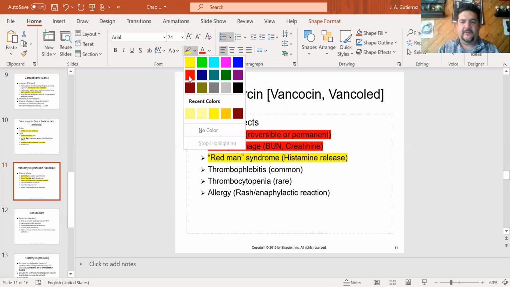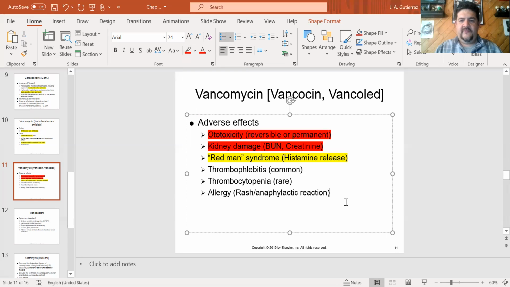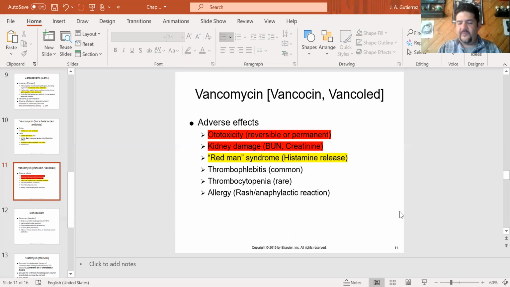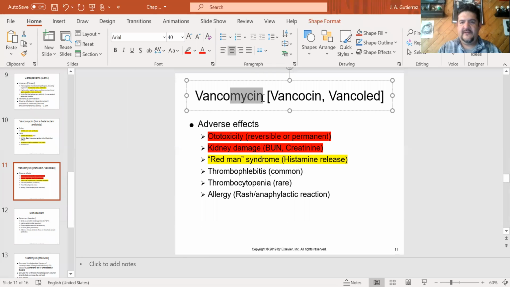So I'll put those in red. So again, as a hint, for study purposes, for you to answer a trick question on the HESI and the NCLEX, any medication that ends in mycin, and they're giving you the hint, hey, this medication is IV, you need to make sure that the patient doesn't have ototoxic effects or nephrotoxic effects.